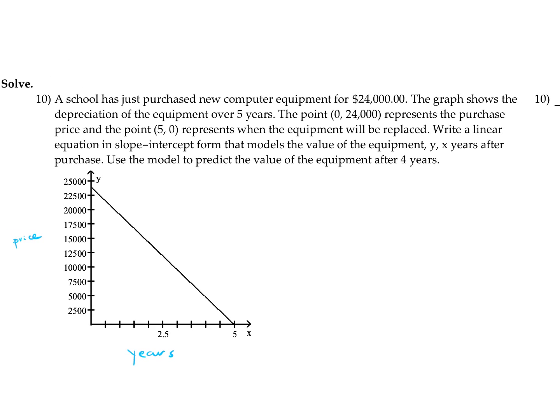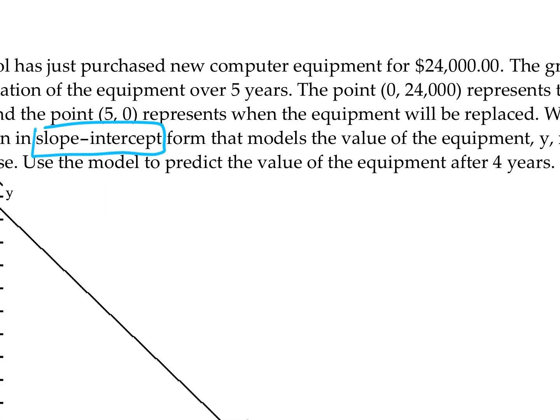It says write a linear equation in slope-intercept form that models the value of the equipment y, x years after the purchase. So let's come up with our slope-intercept form. Do we have the slope here? Is the slope given? No, but we can find the slope.